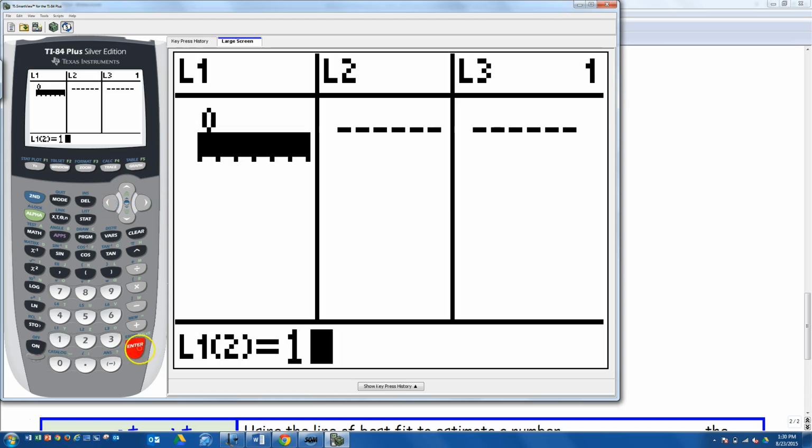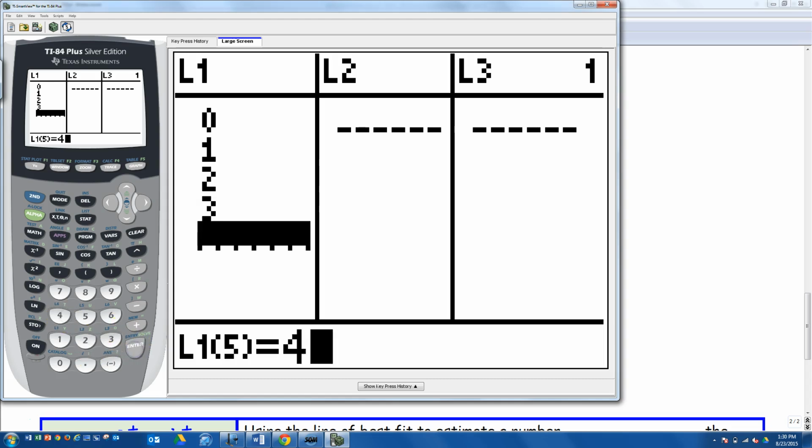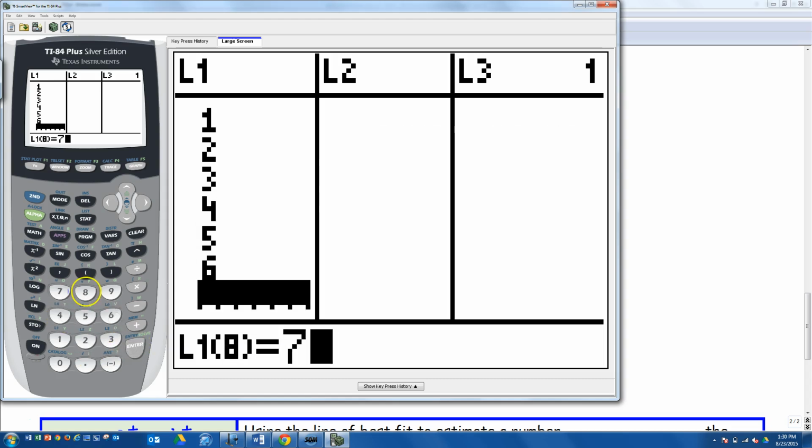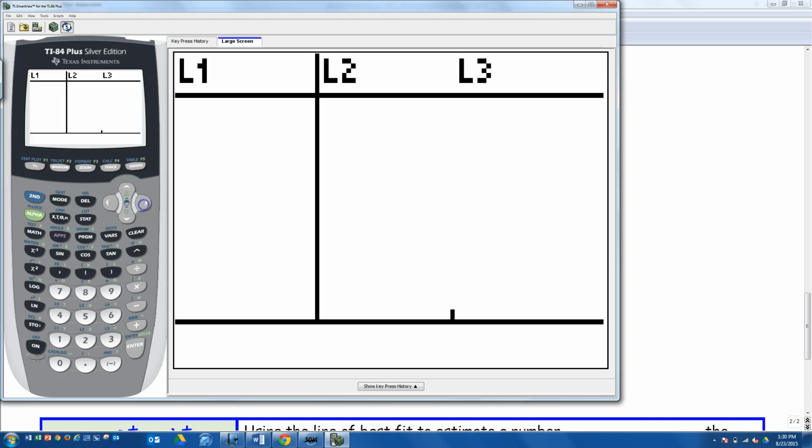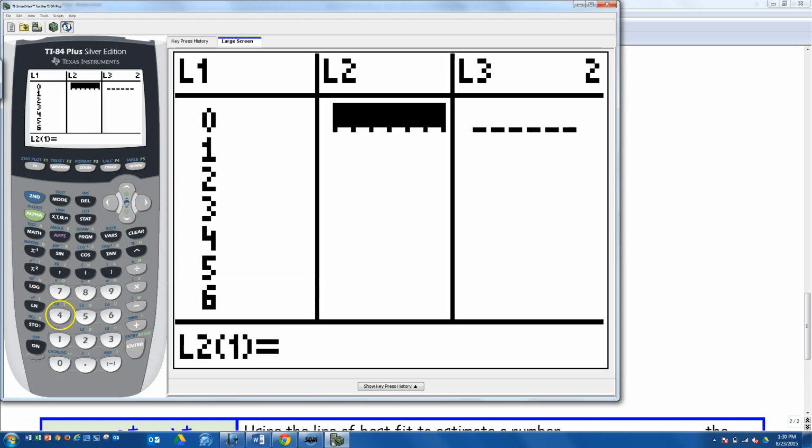0, enter, 1, enter, 2, 3, 4, 5, 6, 7. Enter. Move over and match up the numbers for each data point.